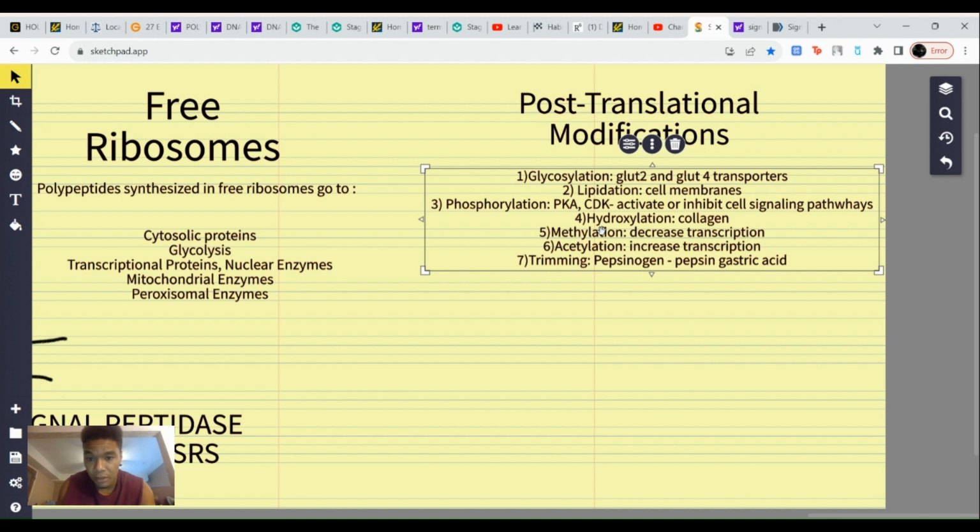You have lipidation, which is adding a lipid molecule for cell membranes. If you're familiar with prostaglandins or perhaps sphingolipids, these are all different types of lipids that, when attached to a protein, can alter its function.